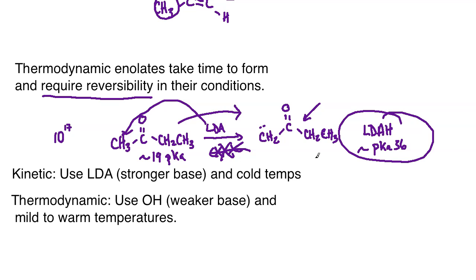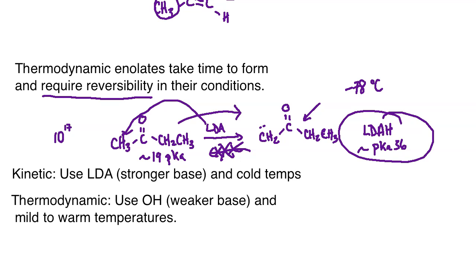Okay, the colder temperatures, and usually you're going to see something along the lines of minus 78, because that is, if I'm not mistaken, a dry ice bath that you would be able to create for typical organic chemistry conditions.